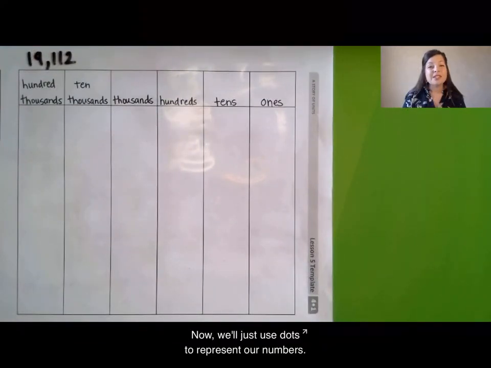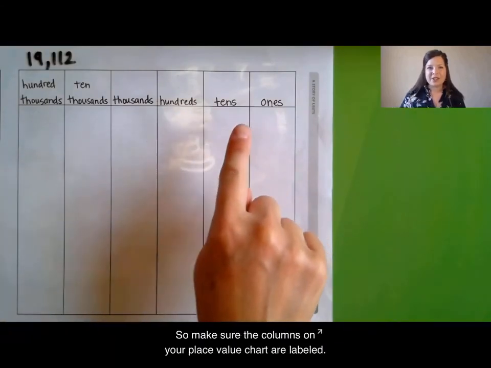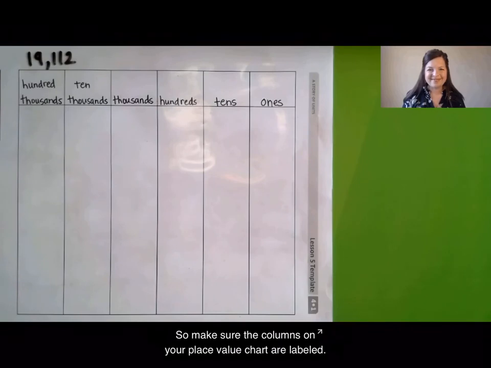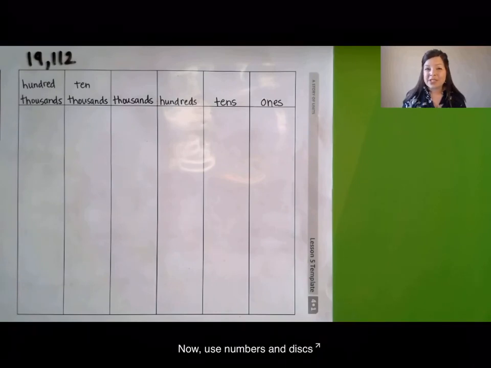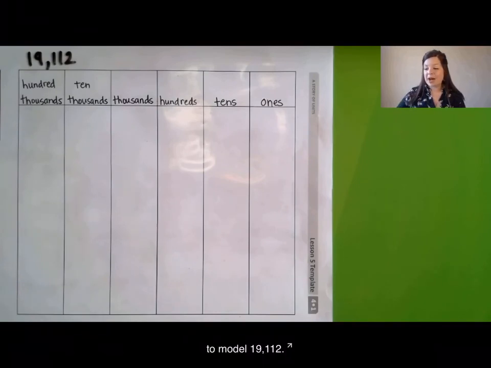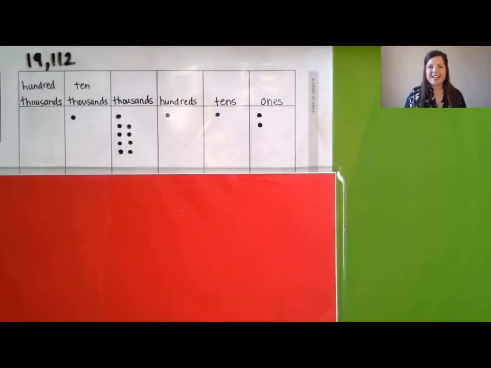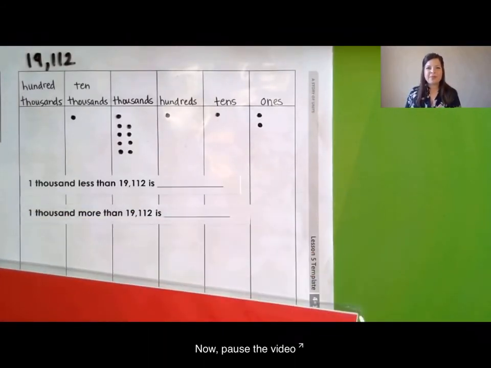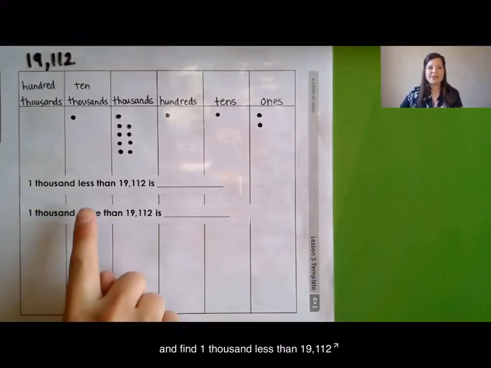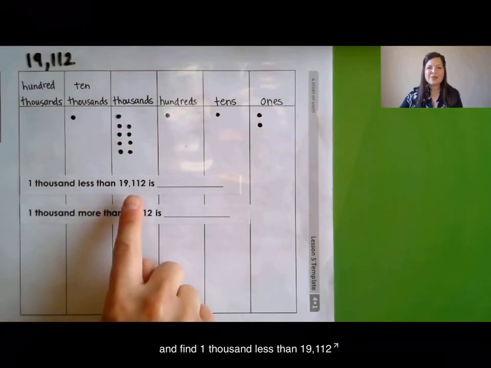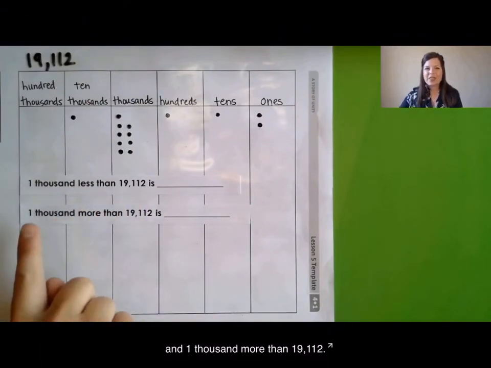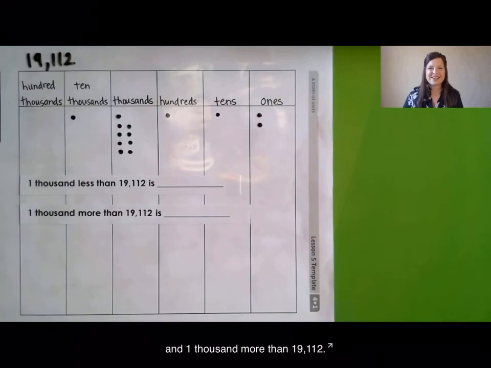Now we'll just use dots to represent our numbers, so make sure the columns on your place value chart are labeled. Now use numbers and discs to model 19,112. Now pause the video and find 1,000 less than 19,112 and 1,000 more than 19,112.